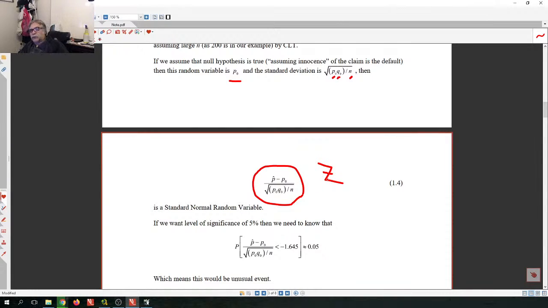What else do we know about Z? We know that if Z is less than negative 1.645, that is unusual. It happens only 5% of the time. And you need to know this number. You remember this number. When you look at the Z distribution, here is 0, and negative 1.645 would be like here.